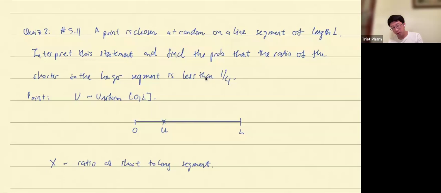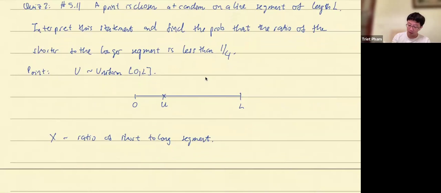Our task is to express X as a function of U. What is X then? Well, if U is less than L/2, then the shorter is U and the longer is L minus U, right? So U over L minus U if U is less than L over 2. And by the way, you can throw in the inequality or not.